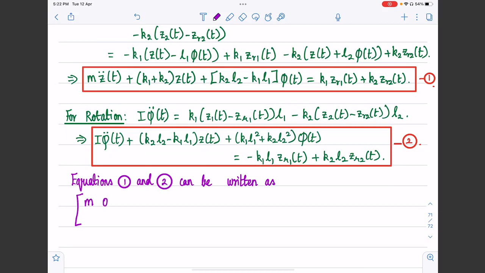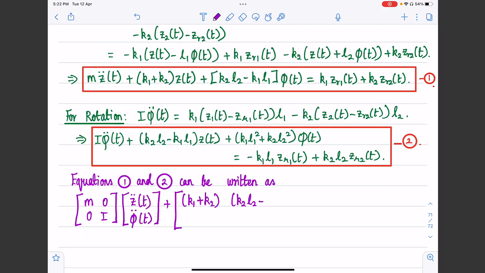They can be written as the matrix [M 0; 0 I] times [z double dot(t), phi double dot(t)] plus the matrix with first row k1 plus k2, k2 L2 minus k1 L1.